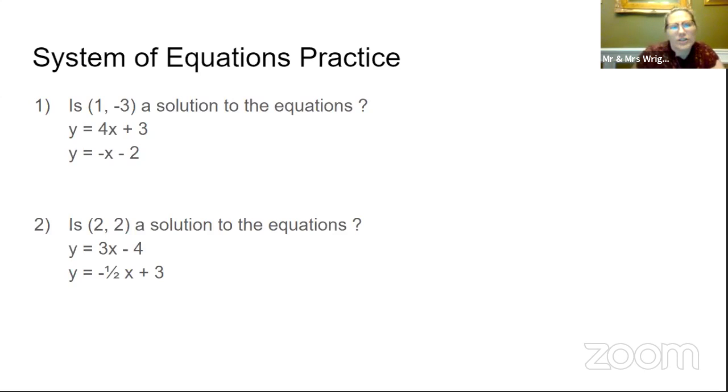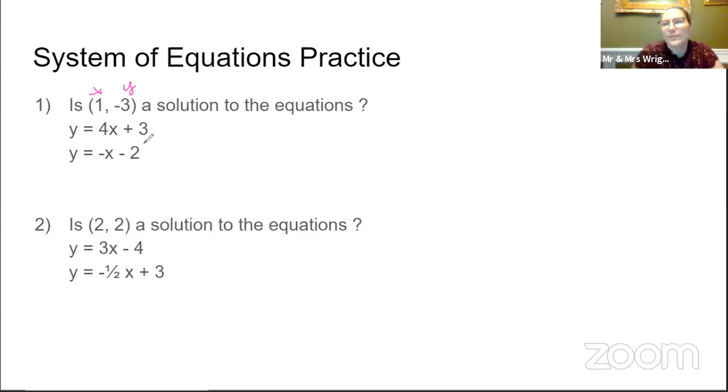All right, so how we checked our solutions is we plugged in our x value and our y value and substituted and saw if it made true statements out of both equations or not. So here I'm going to have -3 equals 4 times 1 plus 3. Let's see if that makes an accurate statement.